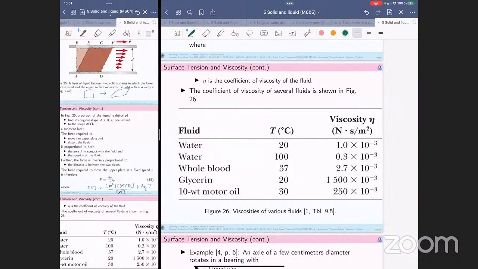For example, if you go to some countries that have very low temperature in the winter, and your blood flow rate is not good, your body may get into trouble. And the blood flow rate depends directly on viscosity. And glycerine is a kind of fluid that has extremely high viscosity. The motor oil also has a large viscosity.